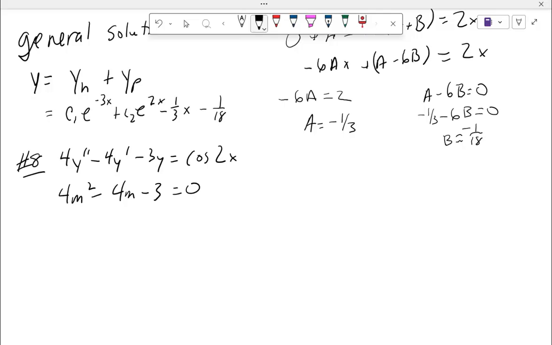Does that factor? I think it does. Makes it a little bit easier when I know it has to be a 3 and a 1. Not a lot of choices I have there.